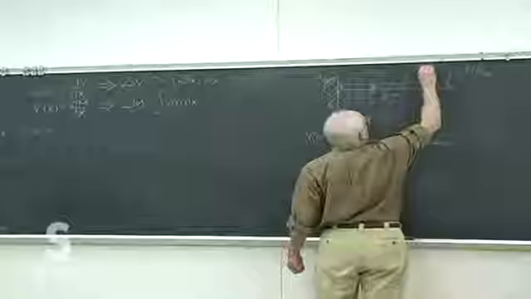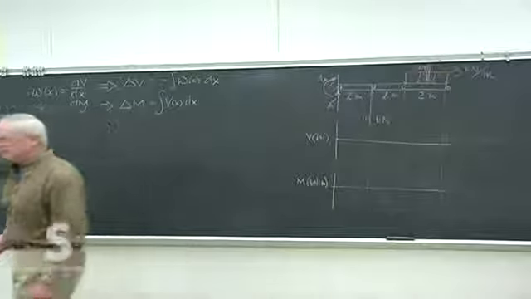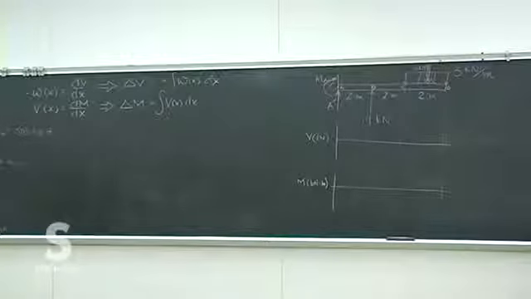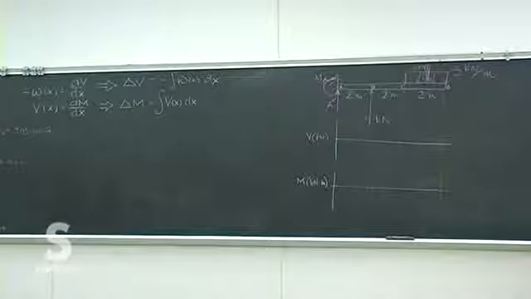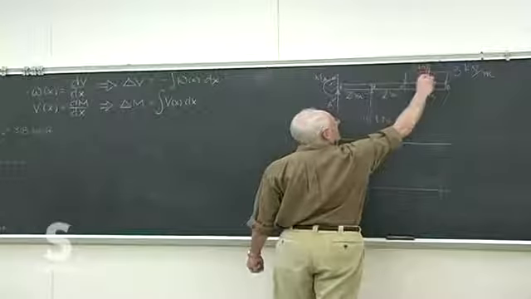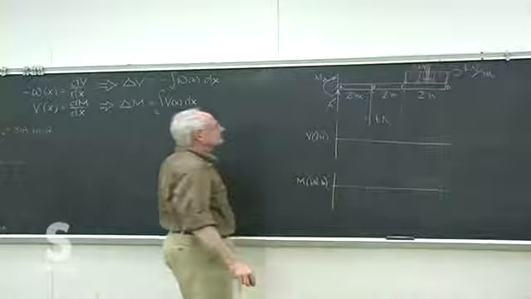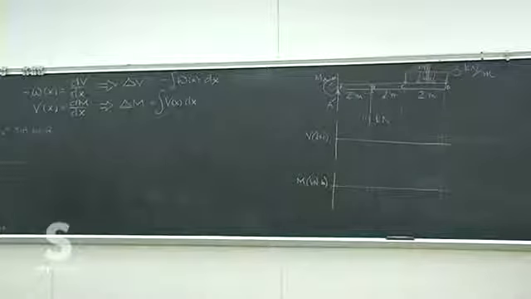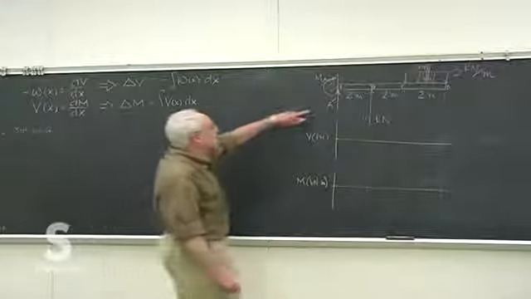But that's only for the purposes of finding the reactions. Once you've found the reactions, you're done with that equivalent point load there. So we have 6 kilonewtons down, 19 kilonewtons up, so A is actually in the wrong direction there. You're going to get an A of minus 13.